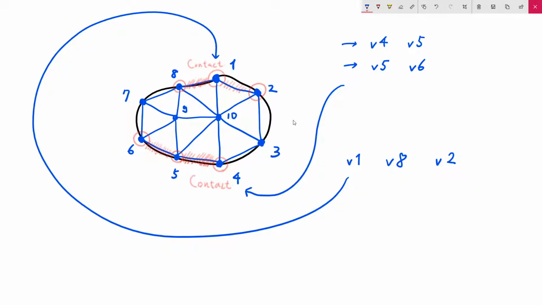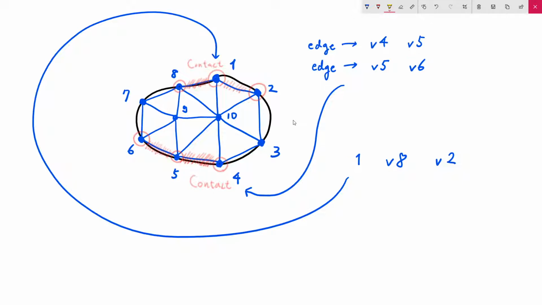So an edge is specified, this is an edge, and another edge is specified. By summing them all, that represents the contact. Of course, in this case, we can find that this vertex is repeated twice, but it is much better than having just a list of vertices.